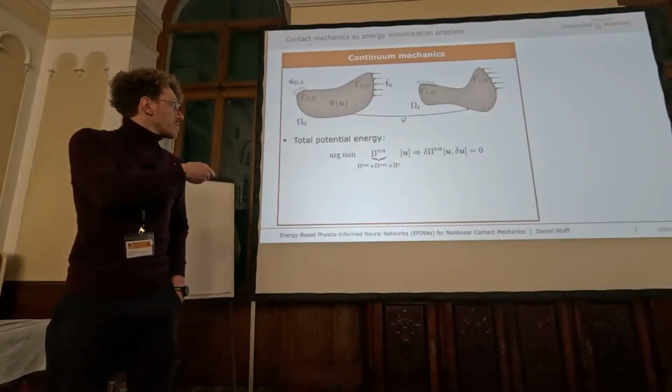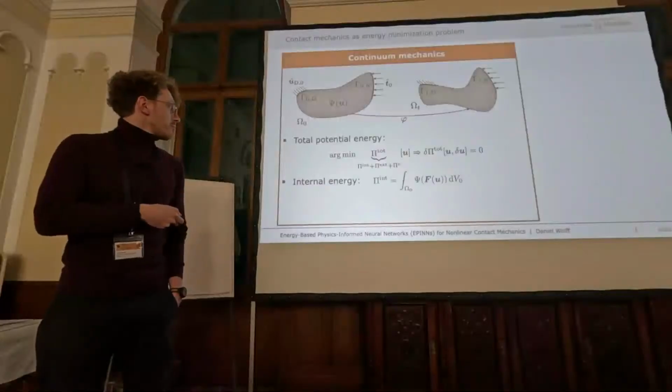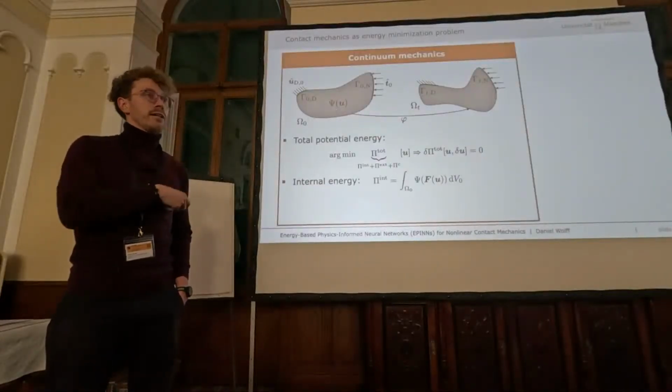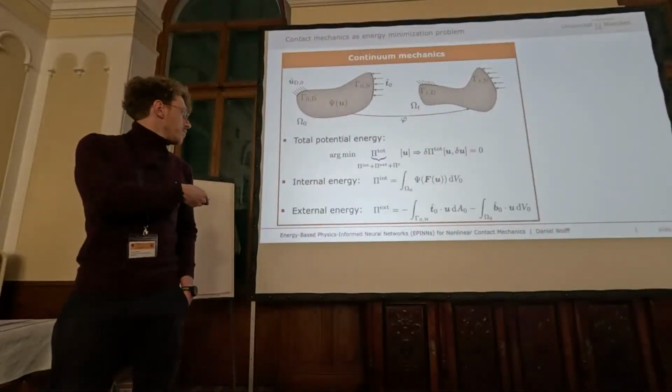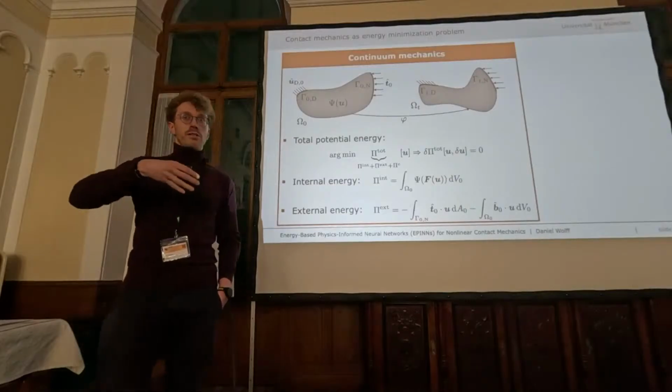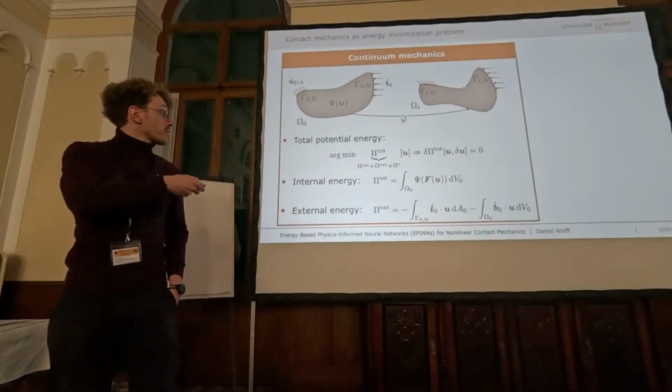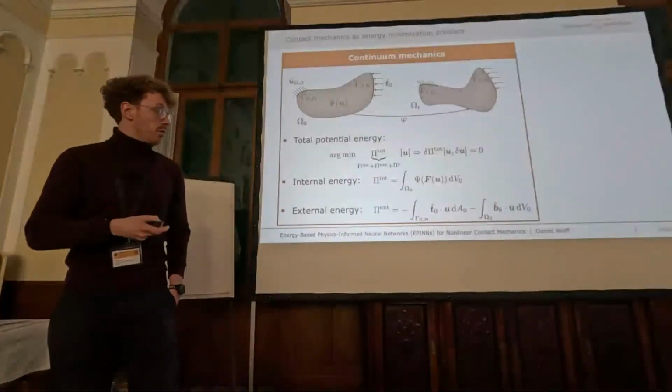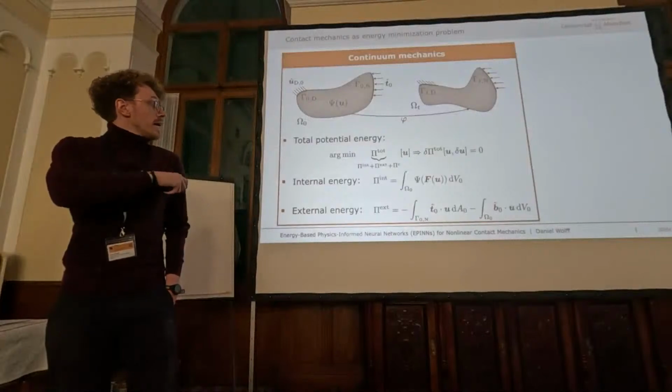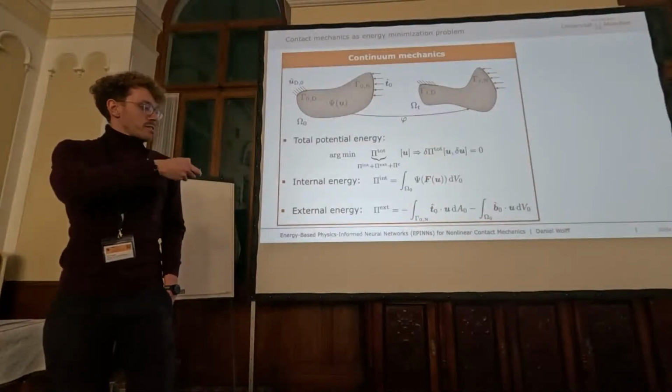This total potential energy is composed of an internal energy contribution, related to the strain energy density of the body, and an external energy, which comprises surface forces, so tractions, and body forces. Now the question is, how does contact fit into this?